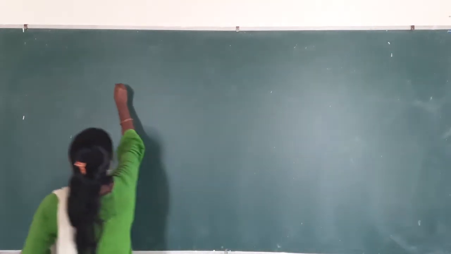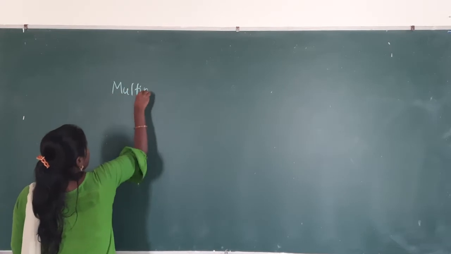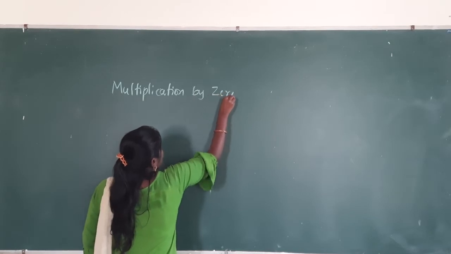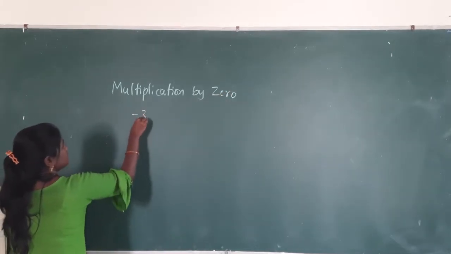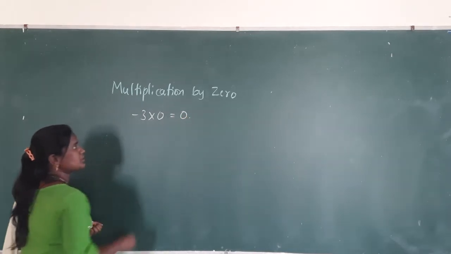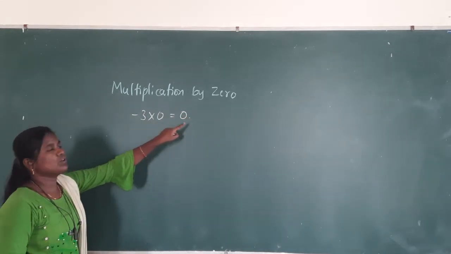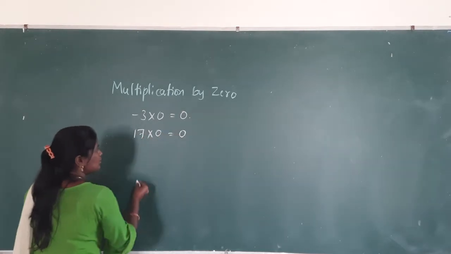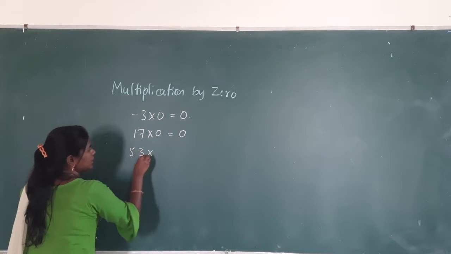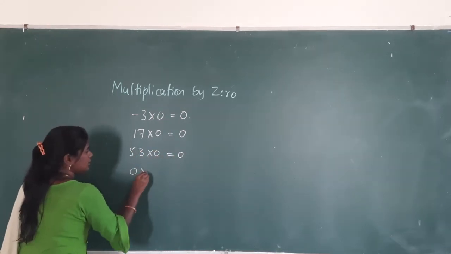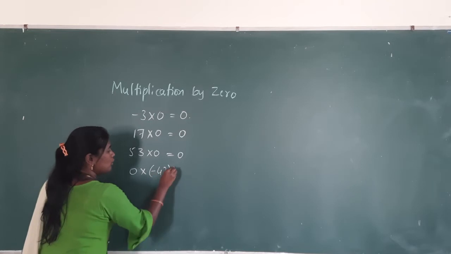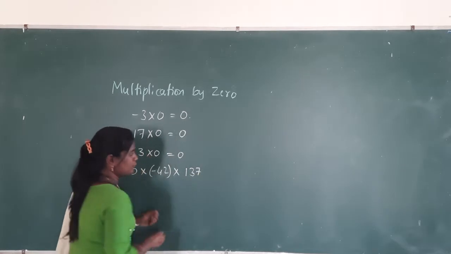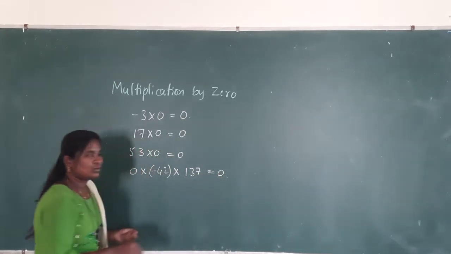So this is multiplication by 0. If you take some examples, minus 3 into 0 is of course 0. Any integer with 0 gives us 0 only. 17 into 0 is 0, 53 into 0 is 0, 0 into minus 42 is 0, and minus 42 with 137 is 0 only.